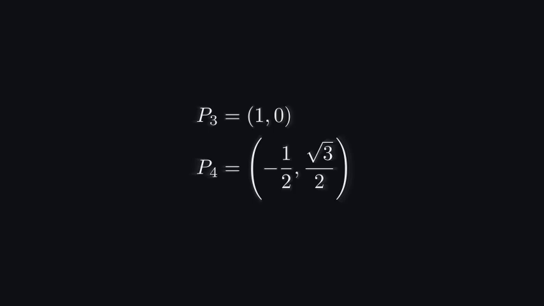P4 equals (-1/2, √3/2). P1 and P3 are red. P2 and P4 are green.